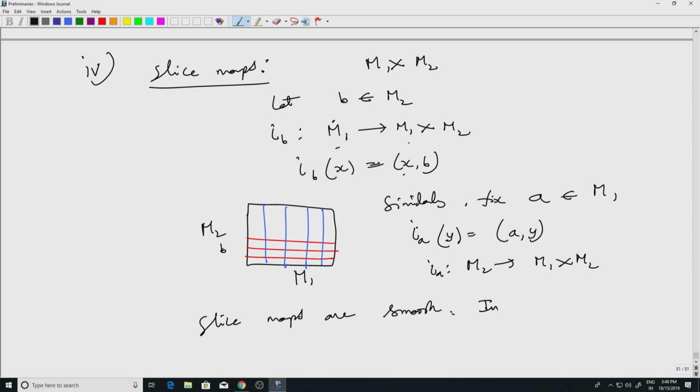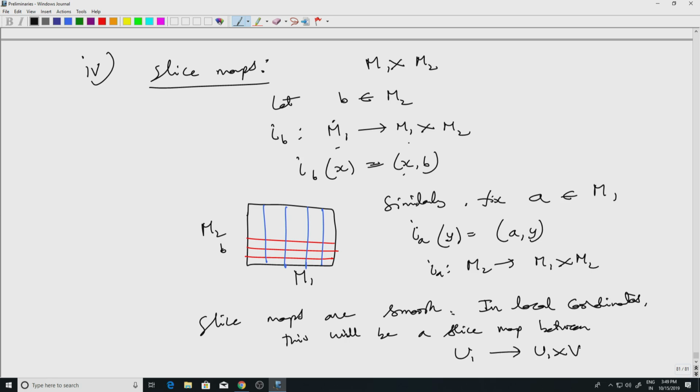And in local coordinates, this will be a slice map between U1 and U1 cross V1.